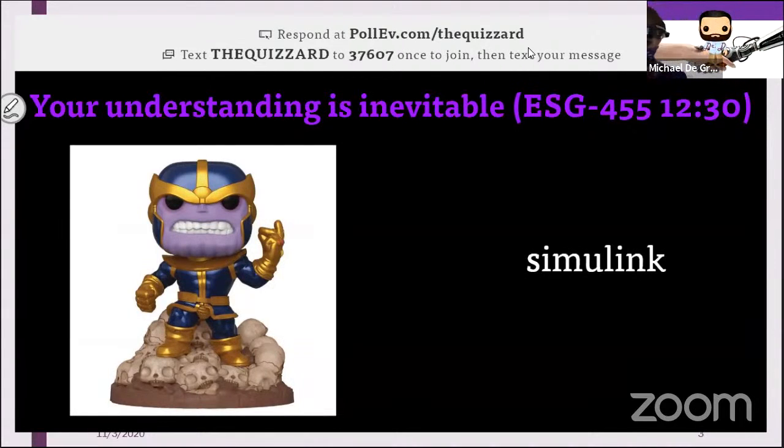Now, I understand that there's different functionalities and different blocks and things, and those are things that are just going to come with practice, right? Okay? If you do have any major specific issues with Simulink, right, please come to office hours, and I can help you run through some things.